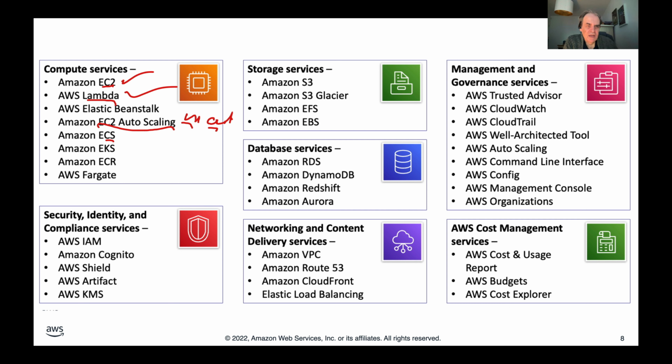Then we have the elastic container services here, Docker and so on, Kubernetes for load balancing, and then we have a registry for our container services. And then finally we have Fargate, which allows us to create components, Docker components and so on, that get charged per second.